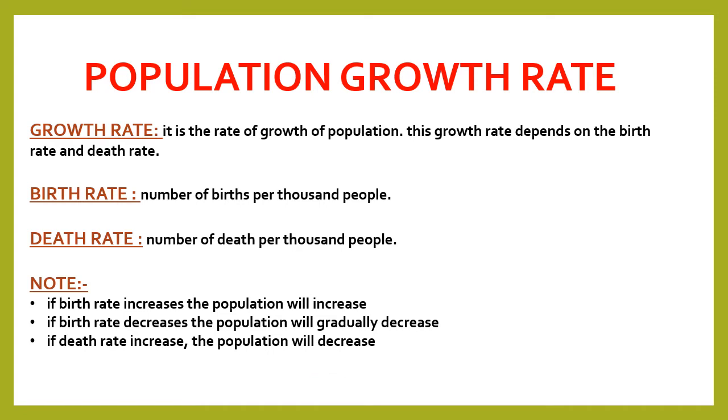So here if the death rate increases because of a bomb blast or pandemic or any other situation, what will happen? Population will decrease. If death rate decreases, the population will gradually increase. Means if deaths are less, then population will again slowly increase.